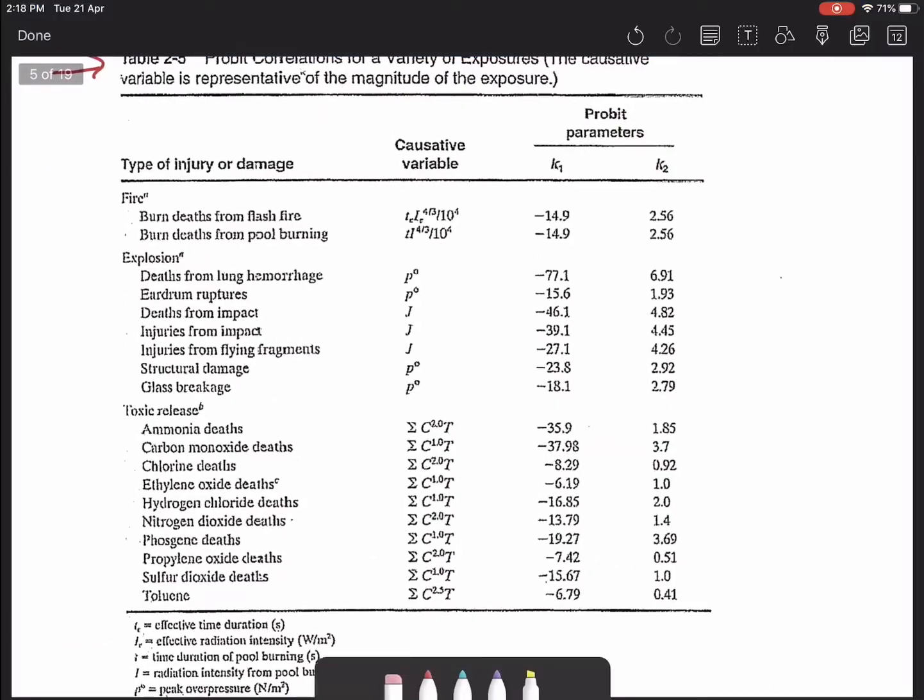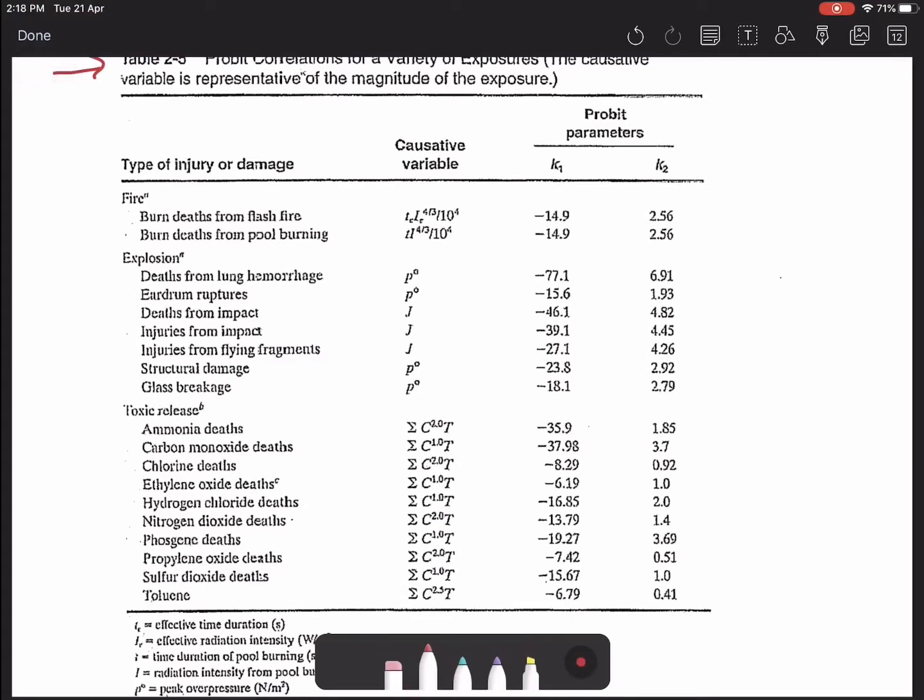Yep, I think we found it here. You can see ethylene oxide. This first value here is the V value, and we have our K1, K2 values here. V is the summation of C to the power of 1.0 times T, and K1 is negative 6.19 and K2 is 1.20.